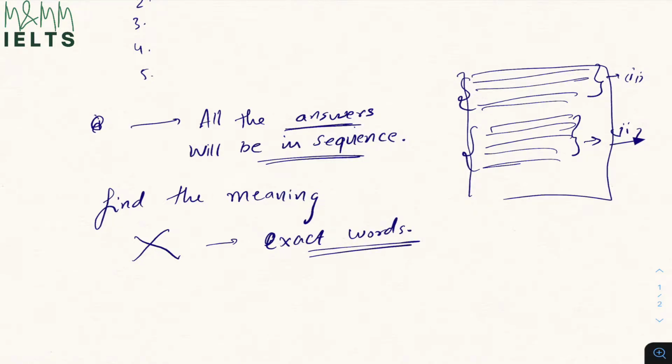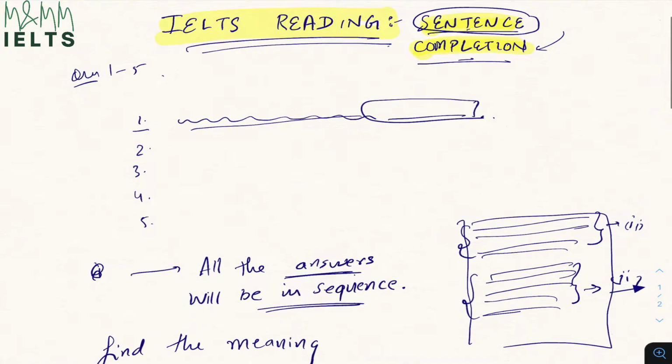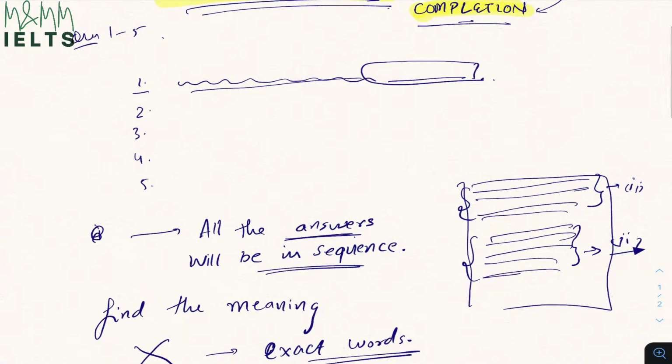Never ever start reading the paragraph and expect the exact same wording of the sentence written in there, because otherwise it would have been a very easy topic. They will have the same sentence, but obviously in a paraphrased way. You will never ever get the exact same wording from the sentence in the given passage. So that's tip number 1.